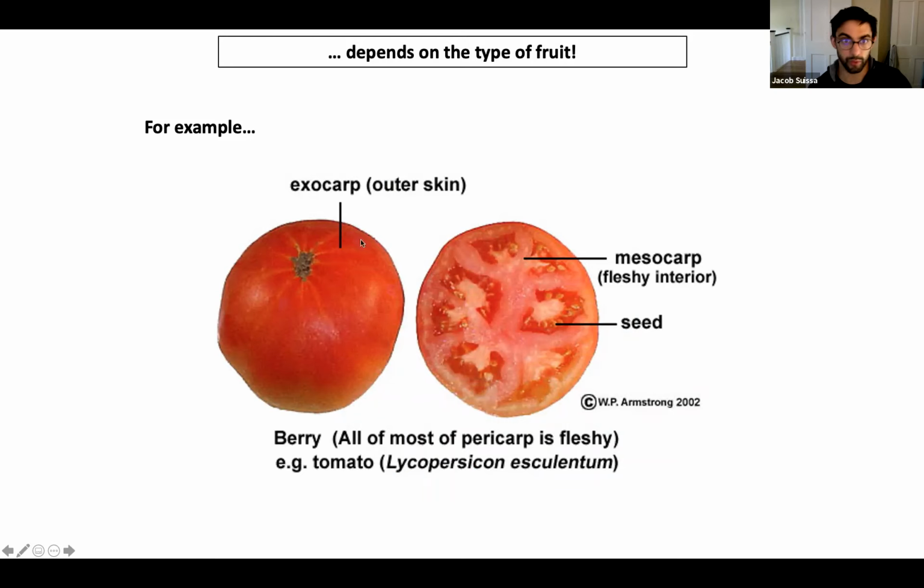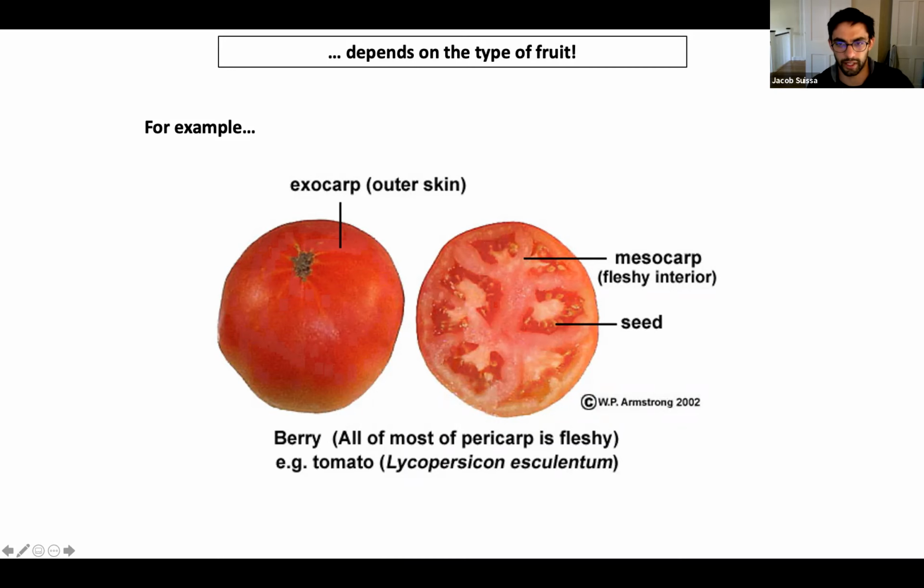In tomatoes, the exocarp is sort of the outer skin of the tomato berry, and then the mesocarp is sort of all of this fleshy structure, and where the endocarp is, I'm not entirely sure. This is also not a great example because this is a cultivated variety of tomato where all of the locules and carpels are all sort of messed up.